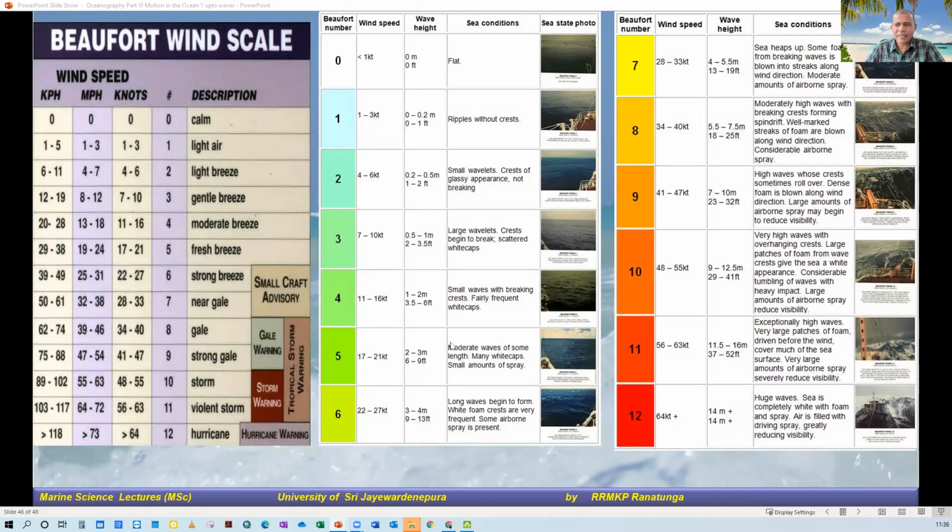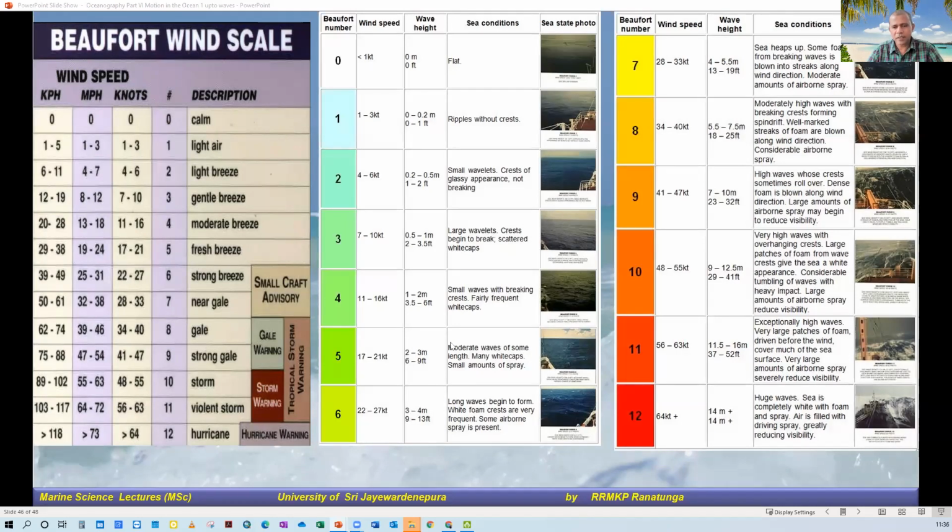We call that the sea state. What is the state of the sea today? Based on the wind speed and the sea state, what kind of impact will you have if you are a boatman, a seafarer, a mariner, or even just touring on the beach?